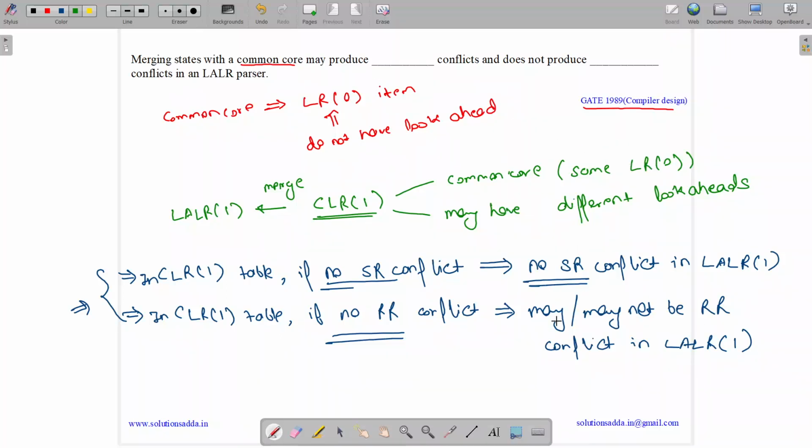So it may produce RR, or we can say reduce reduce conflicts, and does not produce SR conflict. SR means shift reduce conflict.